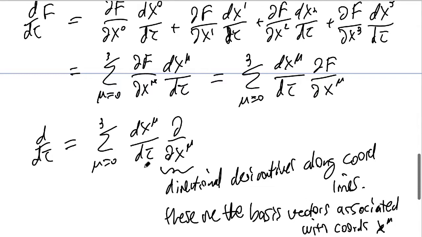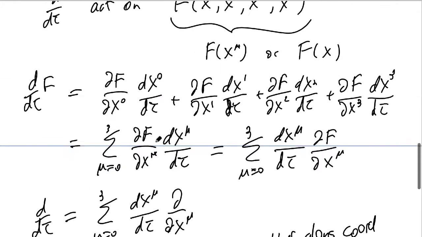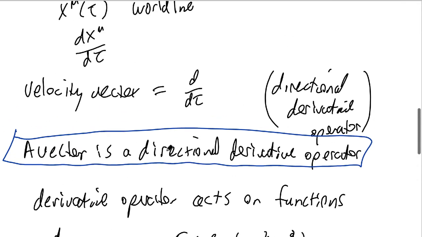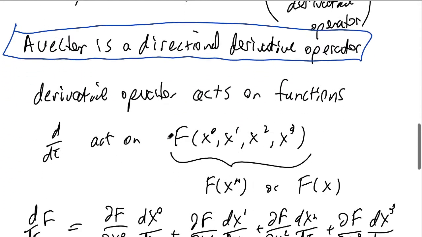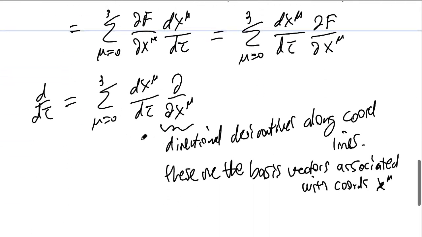And notice these coefficients, this is just our tentative expression for the velocity vector when we use the proper time as the parameter along the world line. So what these are really are the components of this vector in this basis.